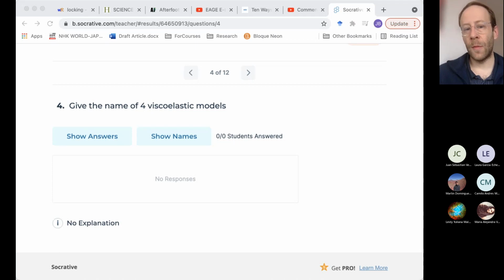All right. So, do you know some viscoelastic models that you've seen in the course? Do you remember the names of those viscoelastic models? Yes, Kelvin-Voigt, definitely a very important viscoelastic model.